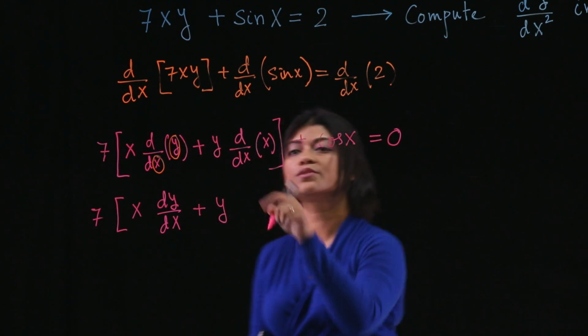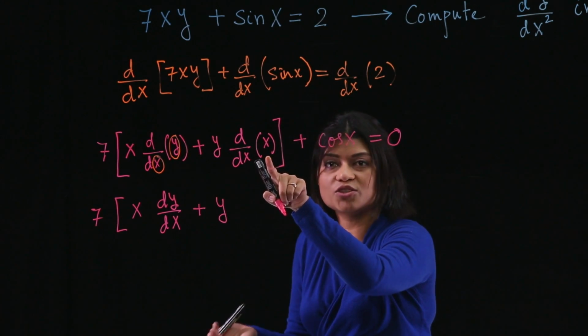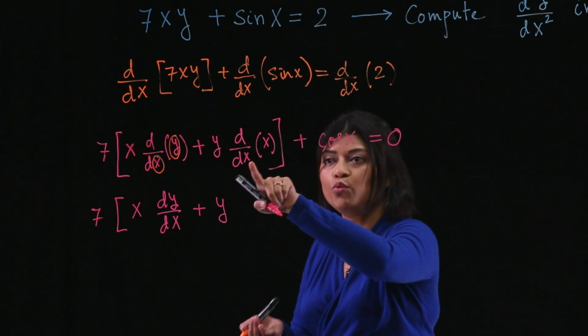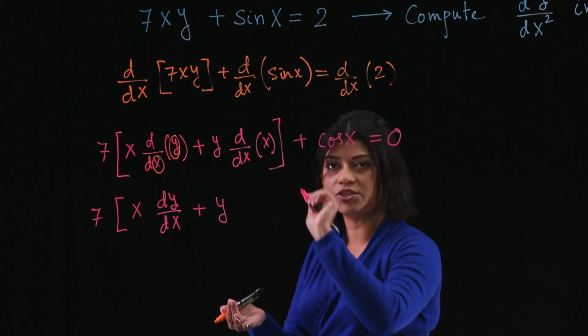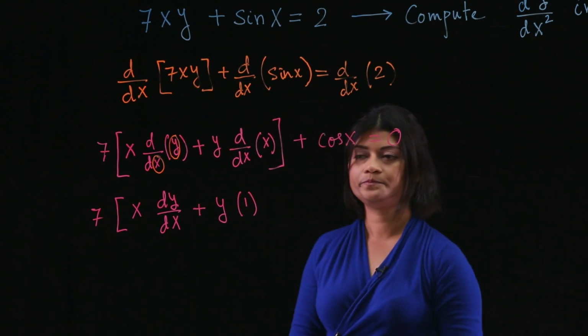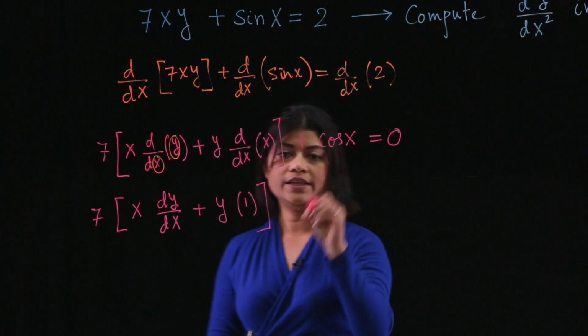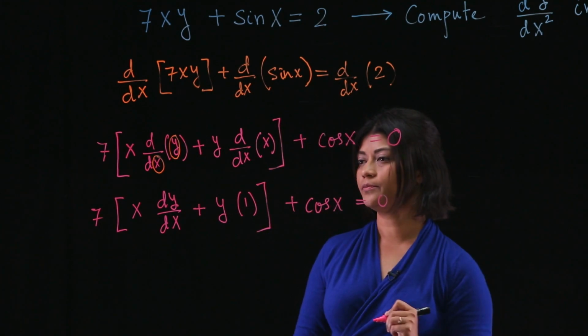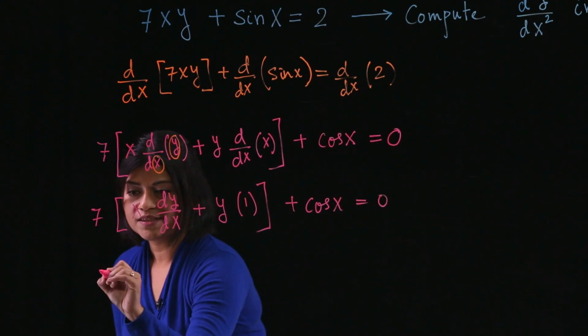Plus y times, what is d dx of x? Now here it's okay, see the same variables? You are differentiating x with respect to x. So it's just going to be times 1. And then you still have plus cosine of x is equal to 0. Let's simplify here.